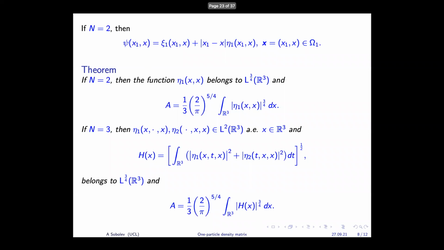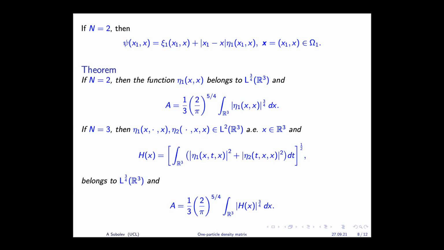Let me show you quickly the three-particle case. If you have three particles, then you have two functions eta, right? When the third particle coalesces with the first, or the third particle coalesces with the second particle. So you have two functions eta. And then look at what is happening here. We don't make a statement like this straight away. We look first at these functions, eta1 and eta2.